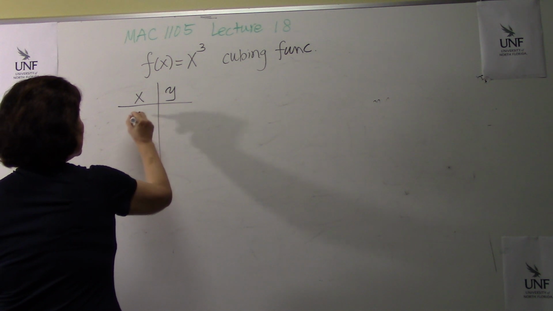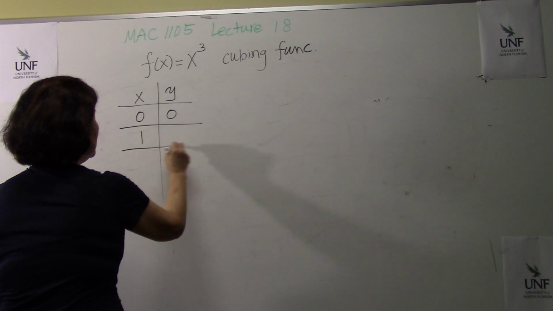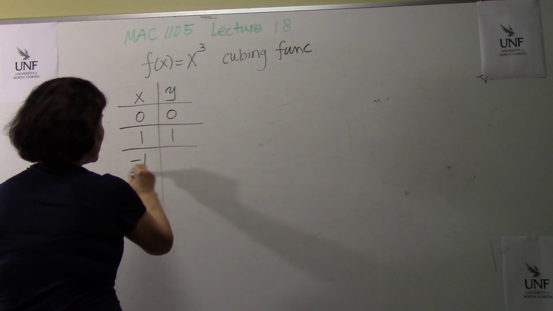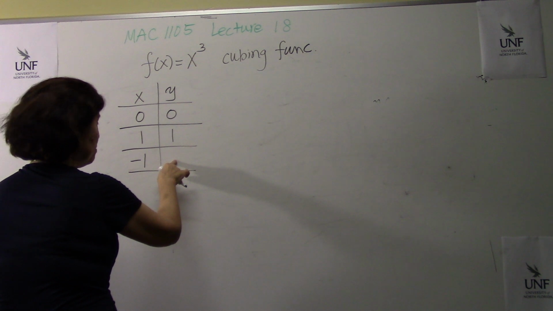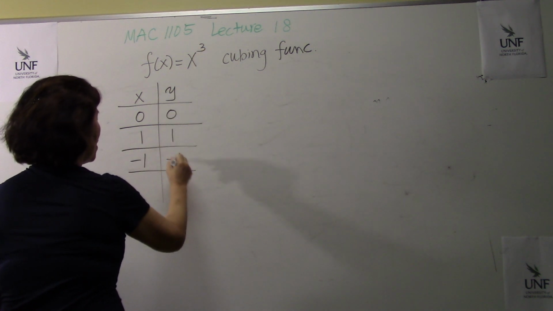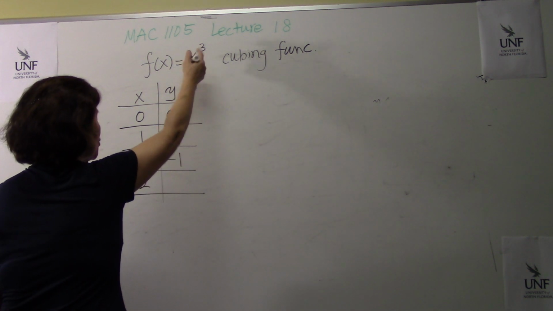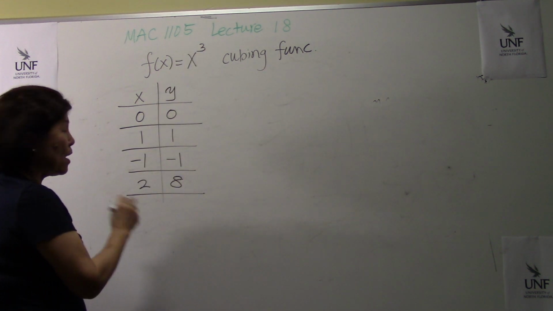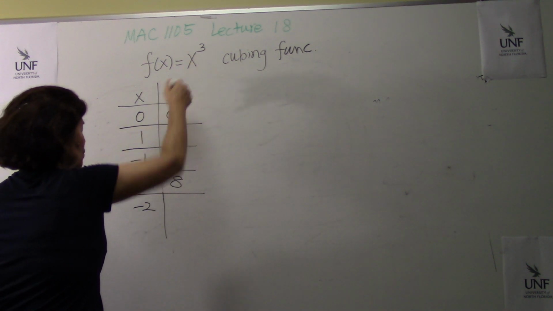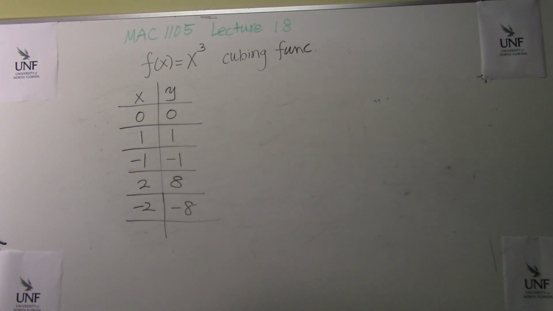When x equals 0, y is again 0. When x equals 1, y equals 1. When x equals negative 1, does it stay the same? No, I don't think so. Negative 1 cubed is negative 1. When x equals 2, 2 cubed is 8. When x equals negative 2, negative 2 cubed is negative 8.